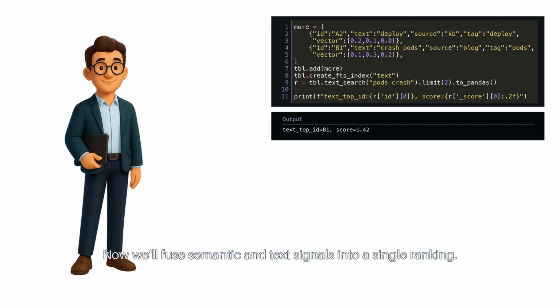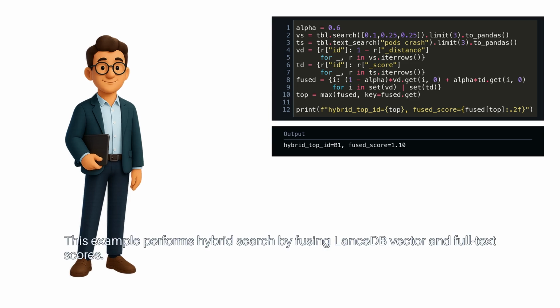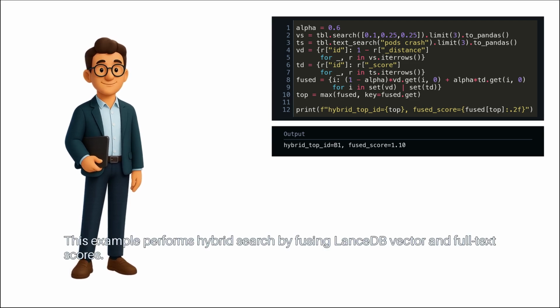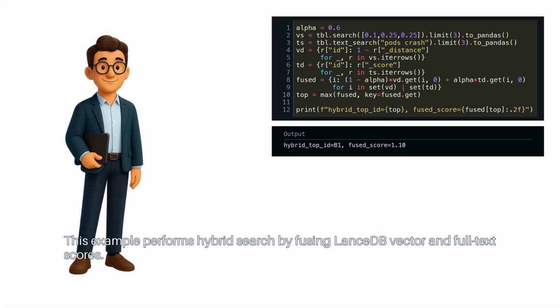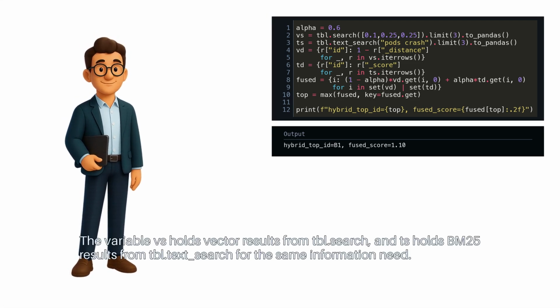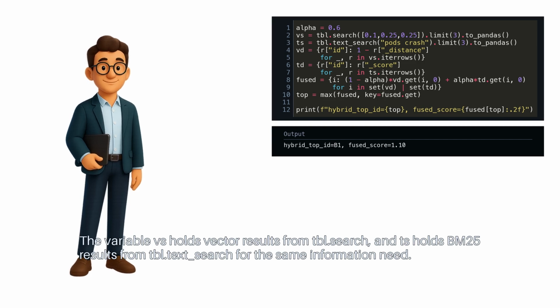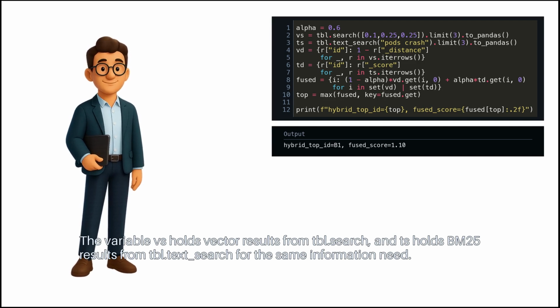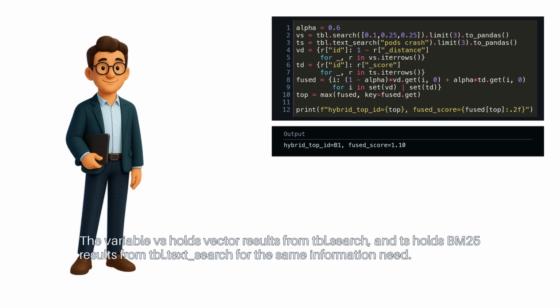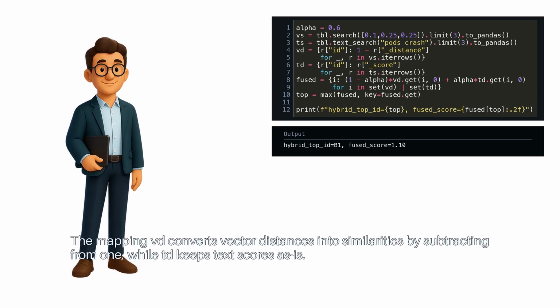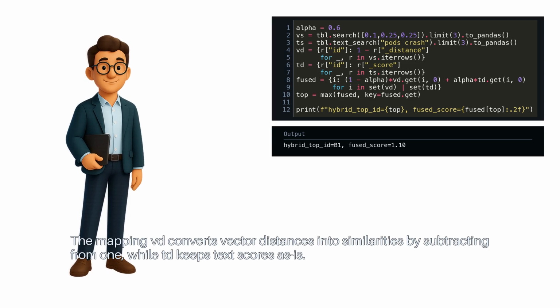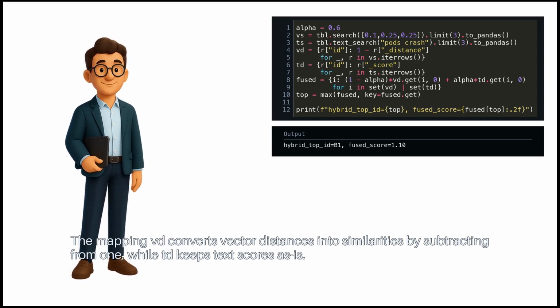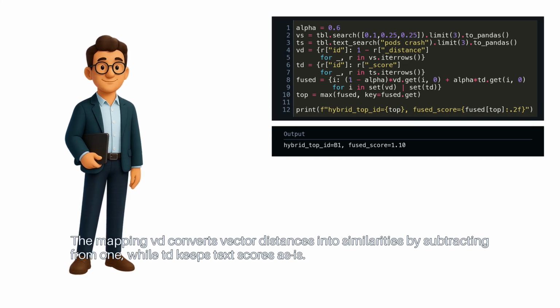Now we'll fuse semantic and text signals into a single ranking. This example performs hybrid search by fusing LanceDB vector and full-text scores. The variable vs holds vector results from tbl.search, and ts holds BM25 results from tbl.text search for the same information need. The mapping vd converts vector distances into similarities by subtracting from 1, while td keeps text scores as is.